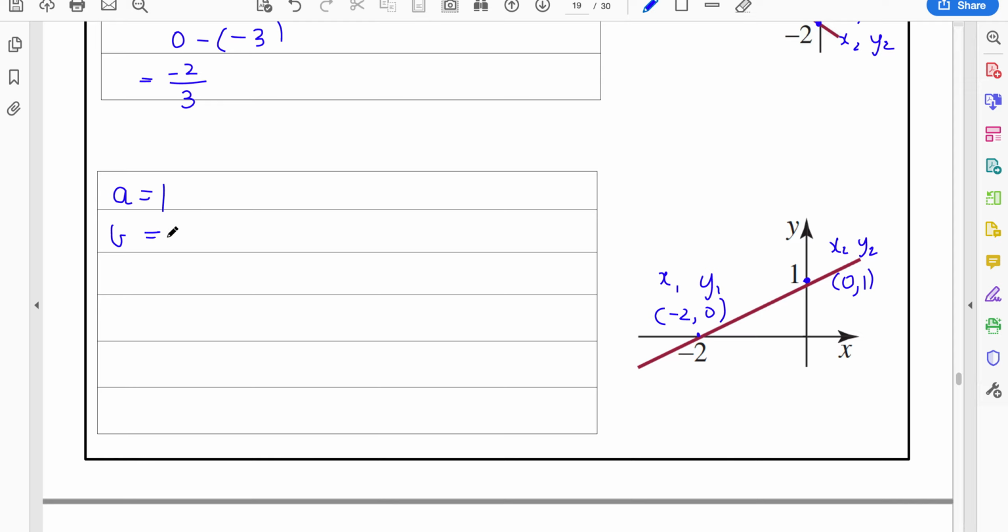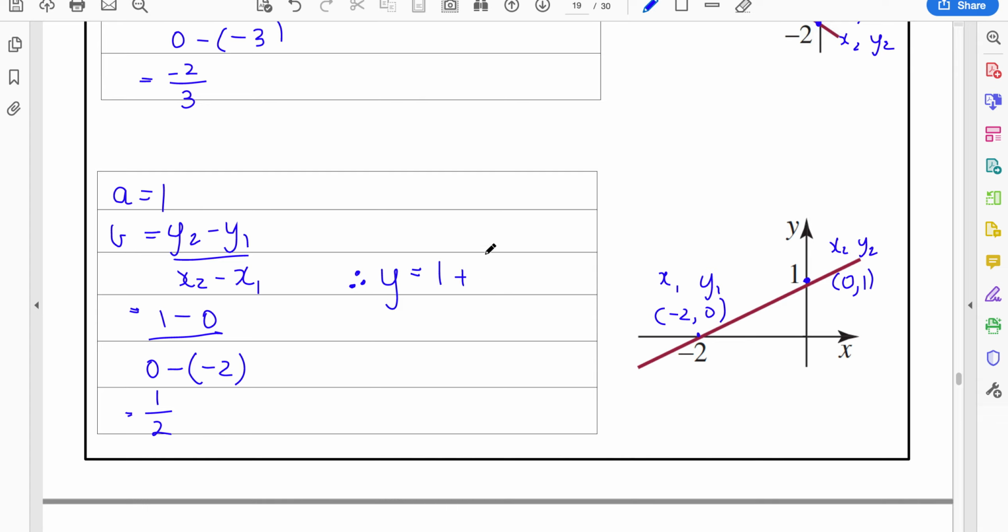And our slope, we've got 1 take away 0, and then we've got 0 take away negative 2. So it gives me 1 over 2. Just by a fluke, we happen to have the same equation as the first one. So y equals 1 plus a half of x.